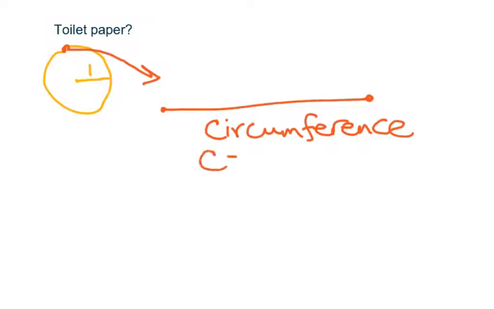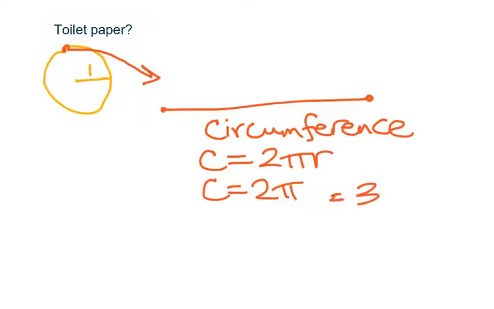Well, you know that the circumference is equal to 2 pi r. If we know that r is 1, then the circumference is just 2 pi. So if all the way around your circle is 2 pi, you also know that in degree measurement, that's equal to 360 degrees right there.